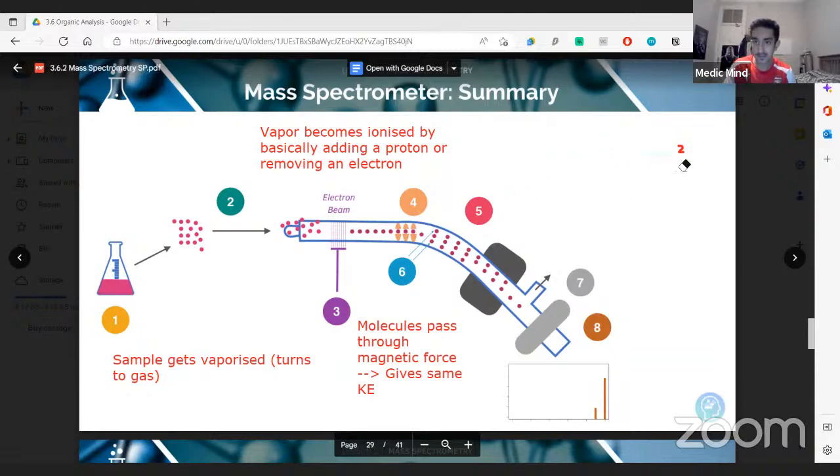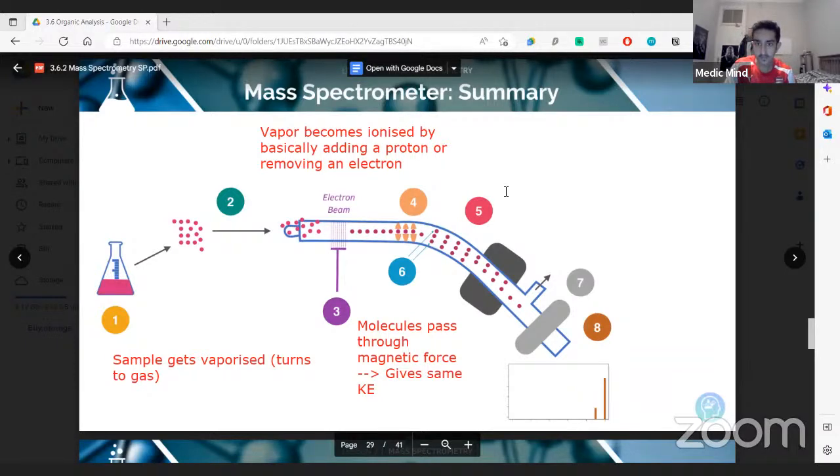So basically, the kinetic energy is kept equal, but the mass is variable, which means the larger the mass, the smaller the velocity, which means the slower the particles are going to move.